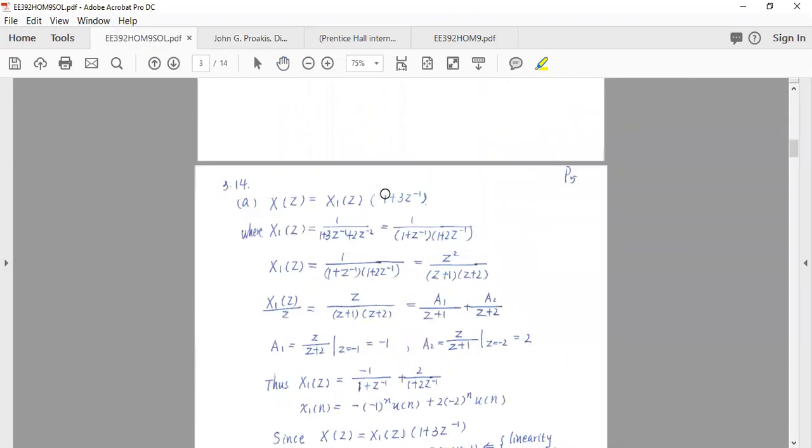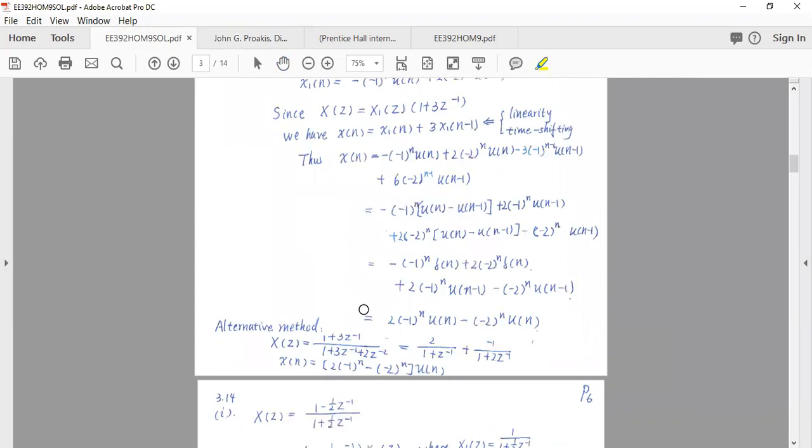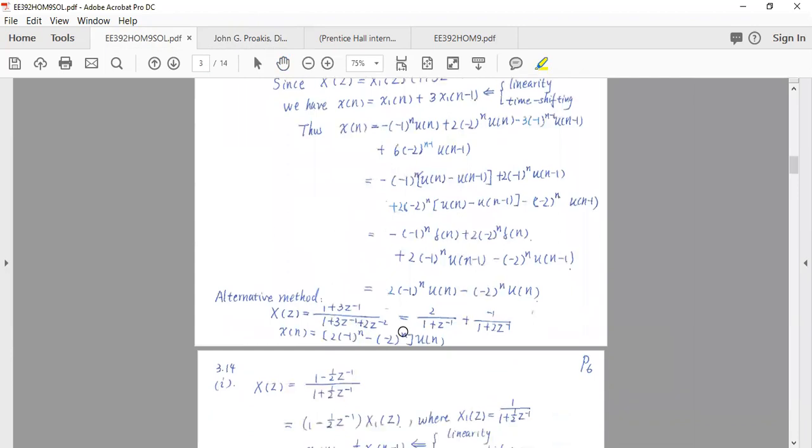I won't recommend you use this particular method. The simplest method is to decompose this signal using partial fractions. If we decompose this, we can see that the denominator could be written as 1 plus z to the power of -1 into 1 plus 2z to the power of -1.